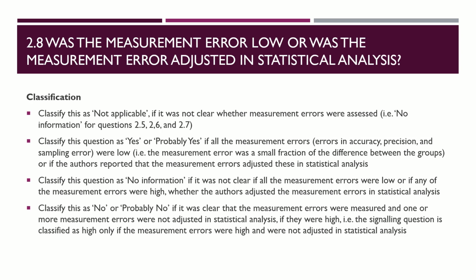Now, if it was clear that measurement errors were assessed and they were low, then you would classify it as yes or probably yes. If it was adjusted using statistical analysis, using special methods for adjustment of measurement errors, then you would also classify this as yes or probably yes.